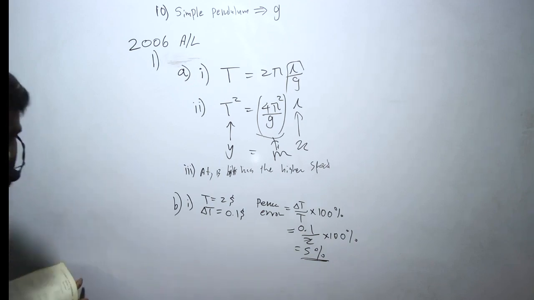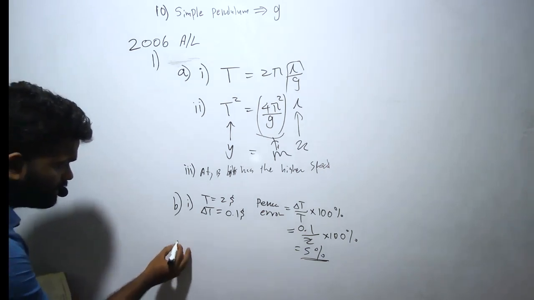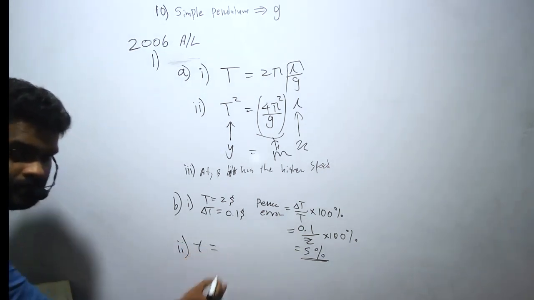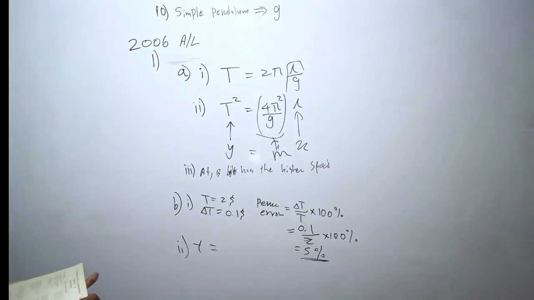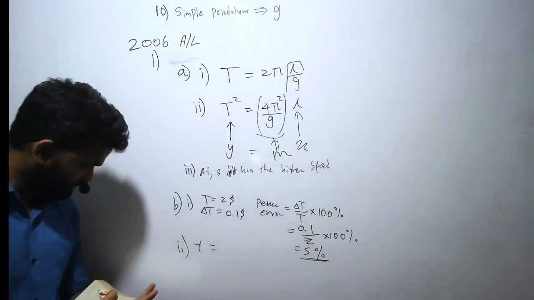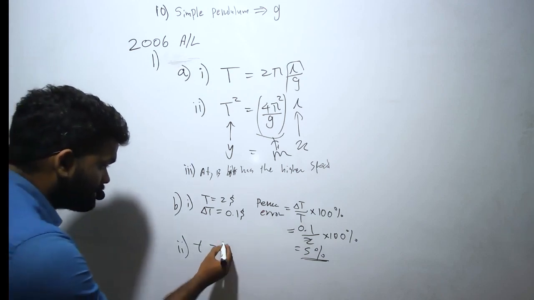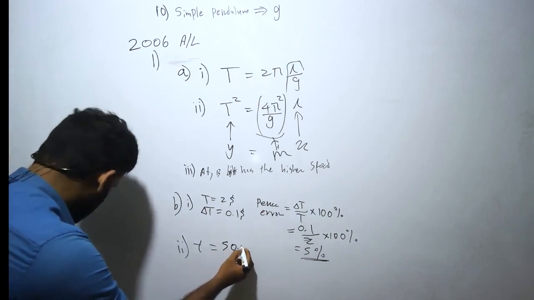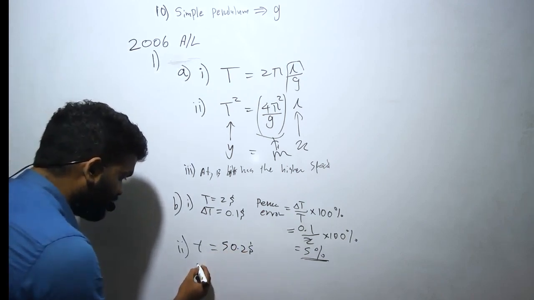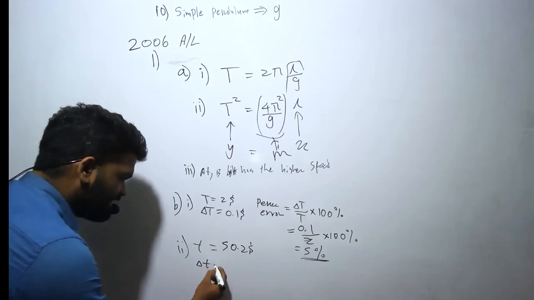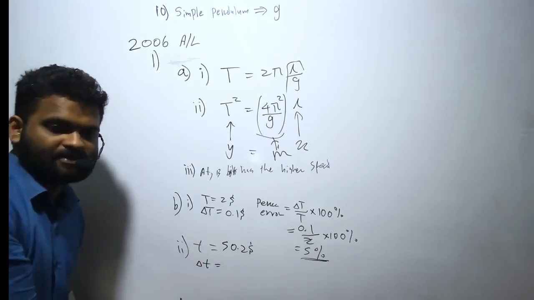Then at the second part, he measures the time for 50 oscillations. Sorry, 25 oscillations. He gets 50.2 seconds. And here as well, least count, we are using the same measuring instrument, right?